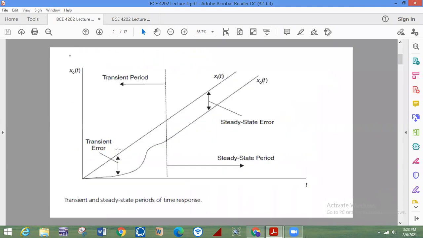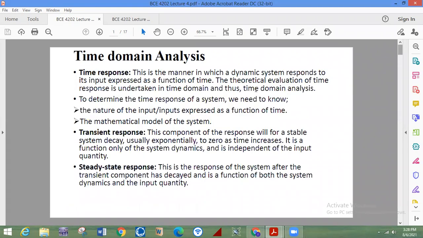This is the transient response, this curve here. I want us to understand this very well. This component of the response will, for a stable system, decay, usually exponentially.